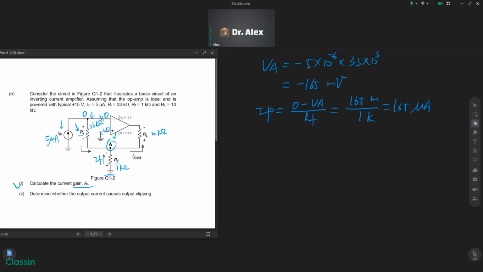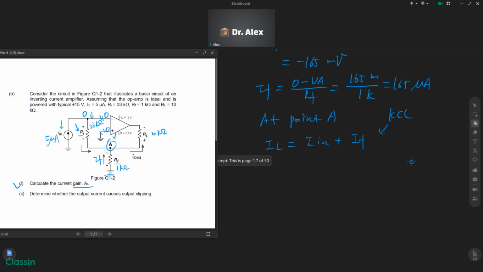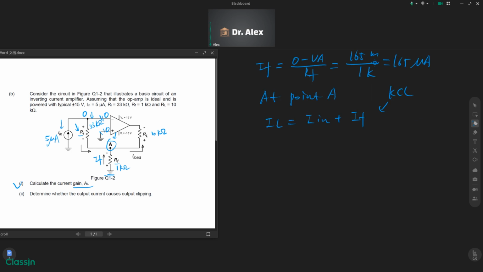At the point A, it is obvious that I load equals the I input plus IF. You can call it KCL, Kirchhoff current law. The basis for KCL is energy conservation.